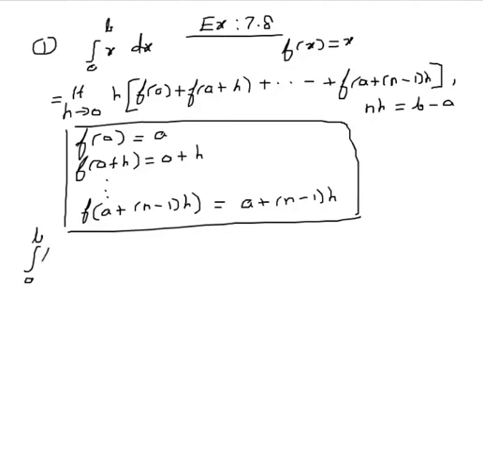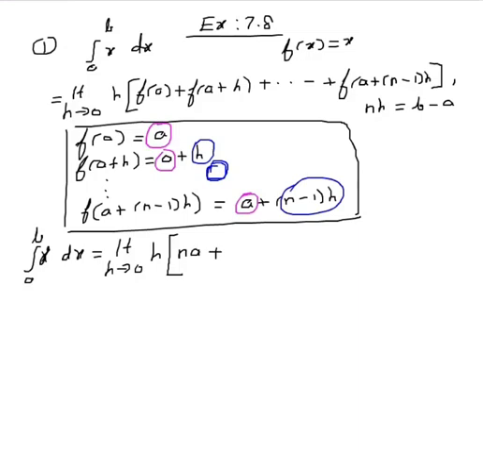Therefore, integral a to b x dx is equal to limit h tending to 0 of h times. When we add these expressions, let us add the like terms and write. Let us first add all the constant terms. We have constant term a in all these expressions. So we have n terms. It becomes n times a plus. Now let us add the h terms. So we have h. The next term will have 2h, etc. The last term has (n minus 1)h.